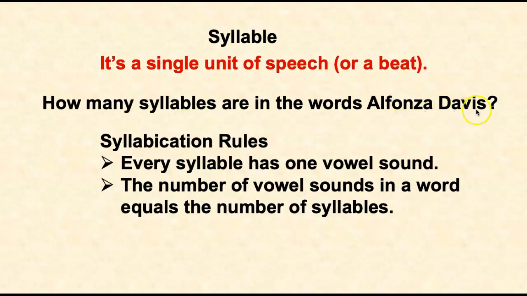In Davis, I can hear the vowel A and the short I, so there are 2 syllables in the name Davis. So the total number of syllables in Alphonse Davis is the same as the number of vowels.